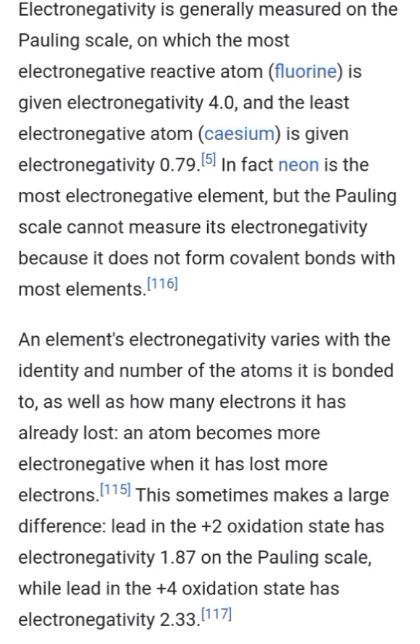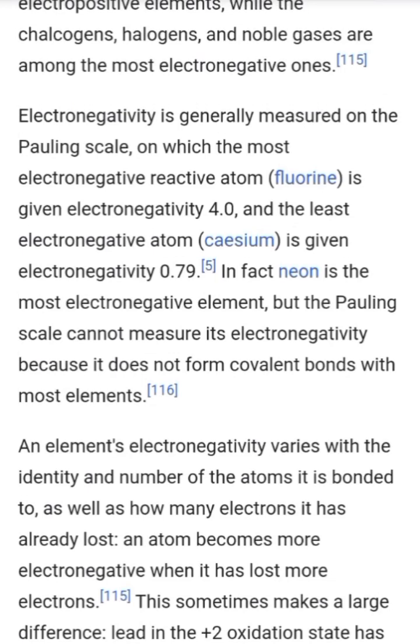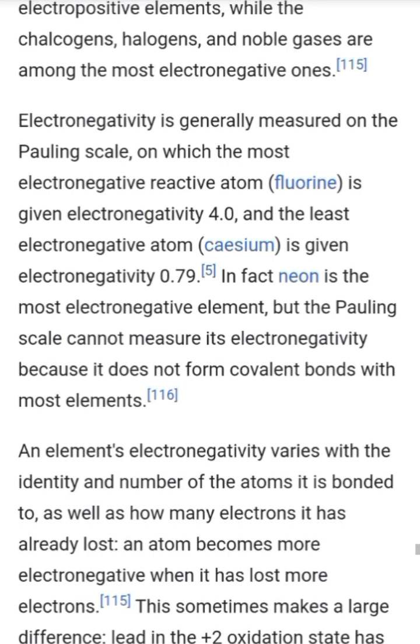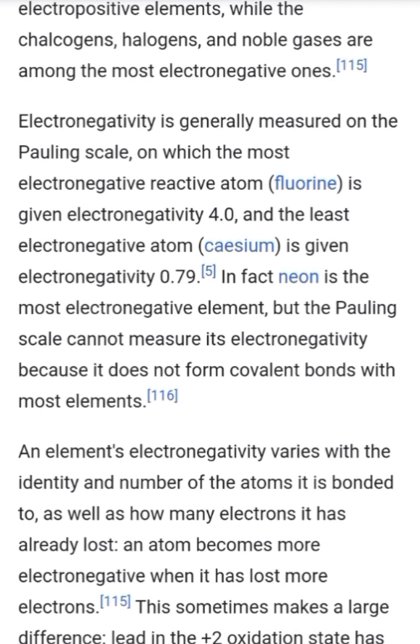Now let me just show you how they were able to get this most and least. Look at it. I told you that the most electronegative elements are those in group 7. It's supposed to be group 8, but group 8 cannot attract electrons again, because group 8 is already filled up. So group 7 is next to group 8, and group 7 is the most electronegative elements, which are the halogens.